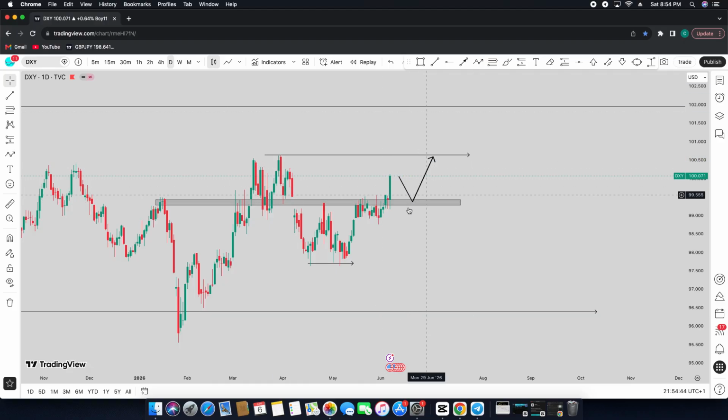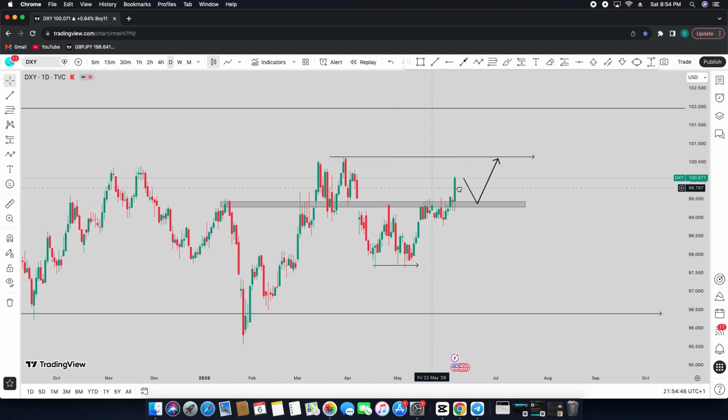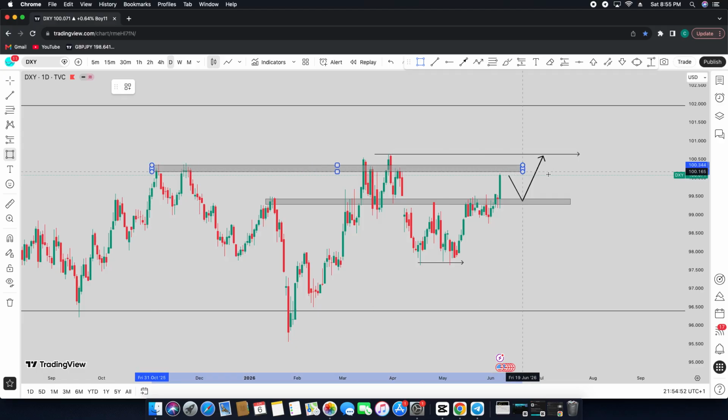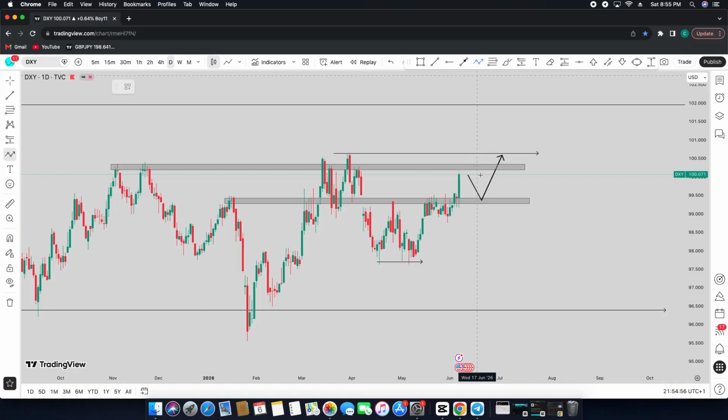But basically I'll be expecting a pullback around this zone, or for DXY to come to this major resistance level, break it, use it as a support, then go to the upside.